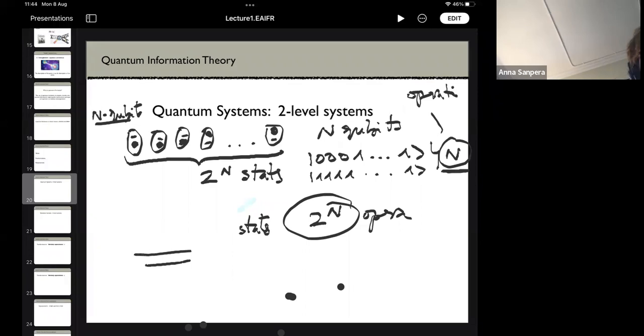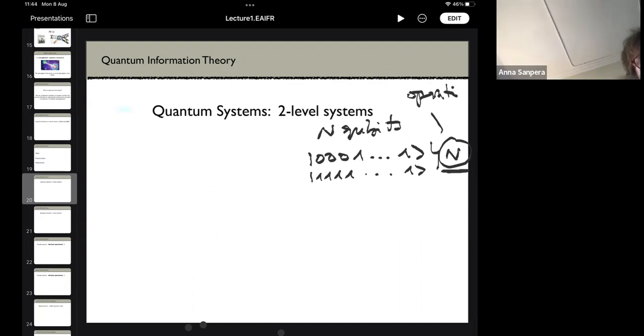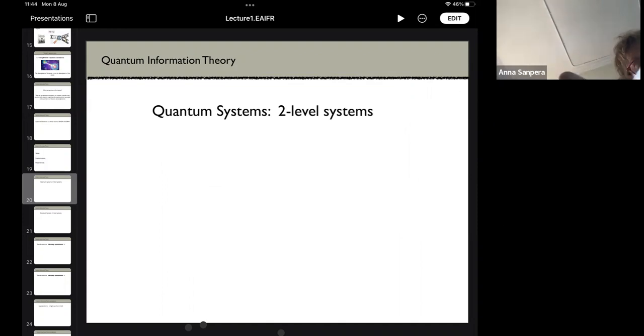Unless we have something very particular, of course, if we want to simulate a spin 1 particle, we will simulate it with 3-level atoms, a qutrit, that is clear. But a priori, we will see that everything we can do with just 2-level systems.